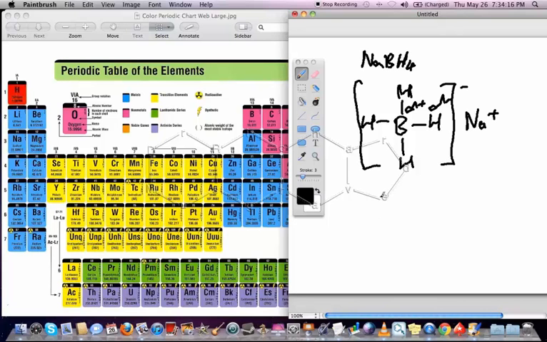Now, when I'm looking at sodium borohydride, the only thing I'm thinking about is H negative, and that's what I want you to think about too. The H negative is a result of the higher electronegativity of hydrogen relative to boron in the sodium borohydride. I'm not really interested in the rest of the molecule, just the H minus, and that is going to be our reducing agent.